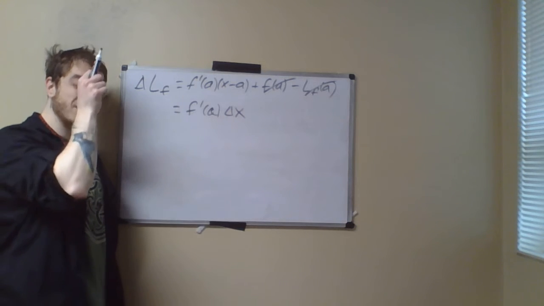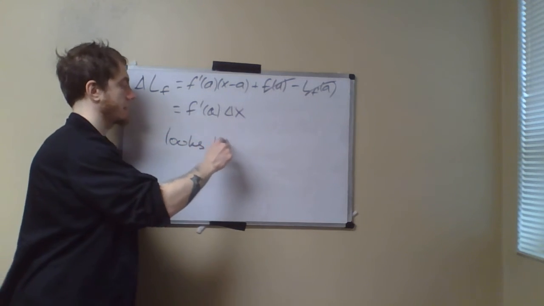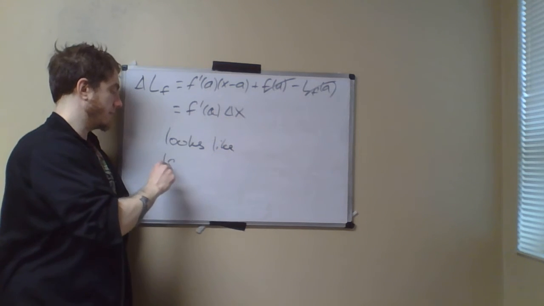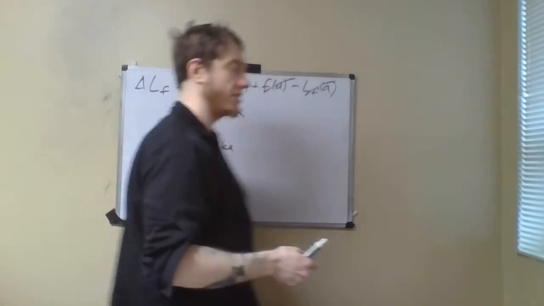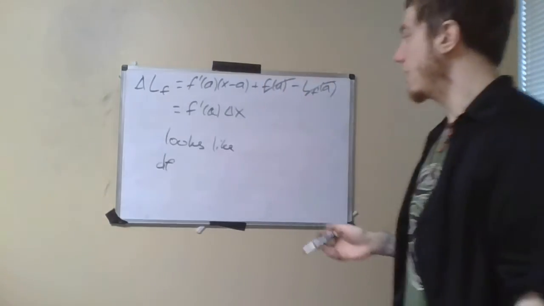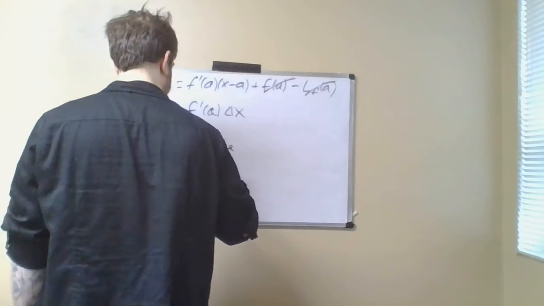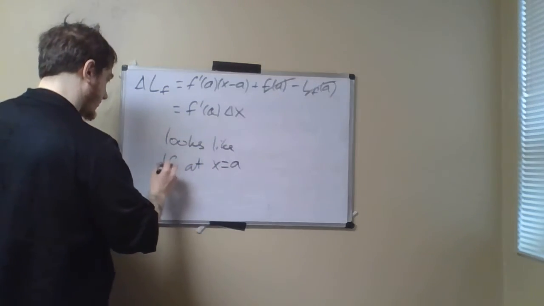And this, the textbook thinks, looks like df. And it does look like df, except we've got a delta x in there instead of a dx. So it does kind of look like df, at x equals a.